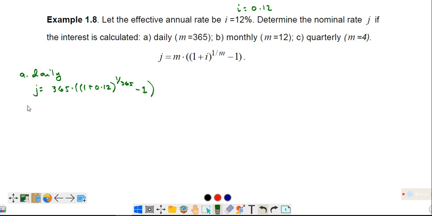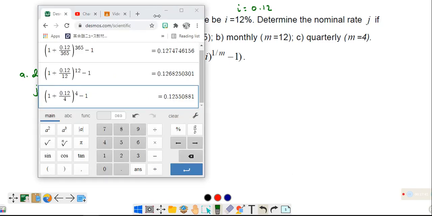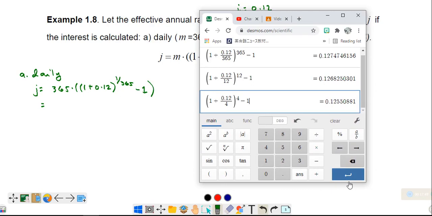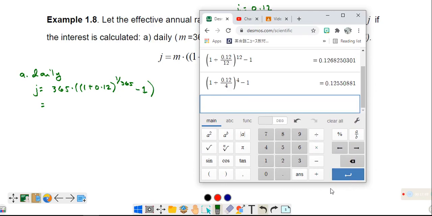So, let's use our scientific calculator in solving for this problem. Take note, I will only show you the computation for daily since we don't have enough time. And I have to upload it as soon as I can. Okay, lagay tayo dito ng isa pang line, isang window for our calculation.